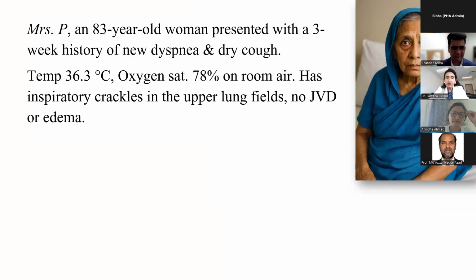This is Miss P, an 83-year-old woman who presented with a 3-week history of new dyspnea and dry cough. Temperature 36.3 centigrade, oxygen saturation 78% on room air. Your examination is remarkable for inspiratory crackles in the upper lung field, no JVD or edema.